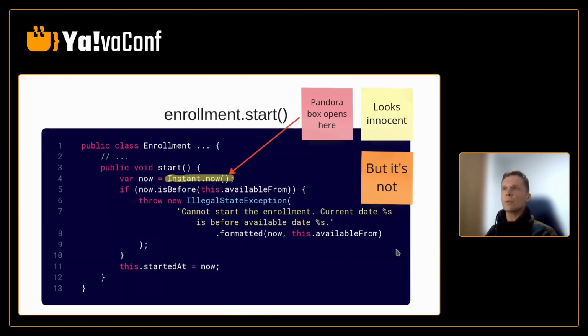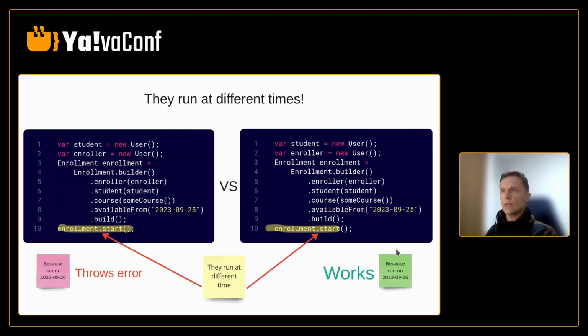This is what strips away all of your control over the time and date in your code base, and it has some consequences. The first consequence is that when we come back to this little slide, we will see that the code on the left, when run on the 20th of September, will fail, and when run on the 26th of September, it will work.